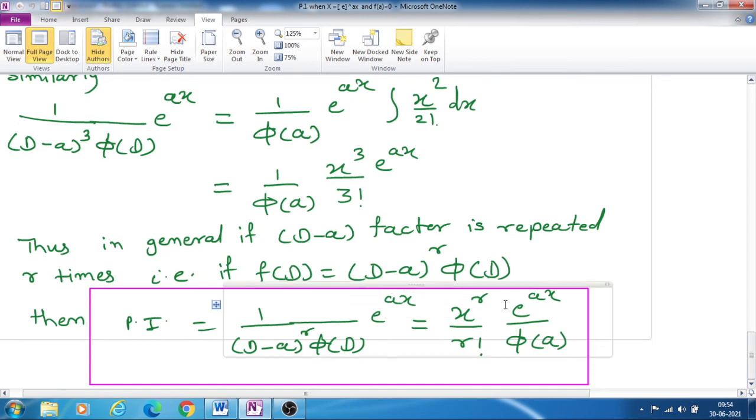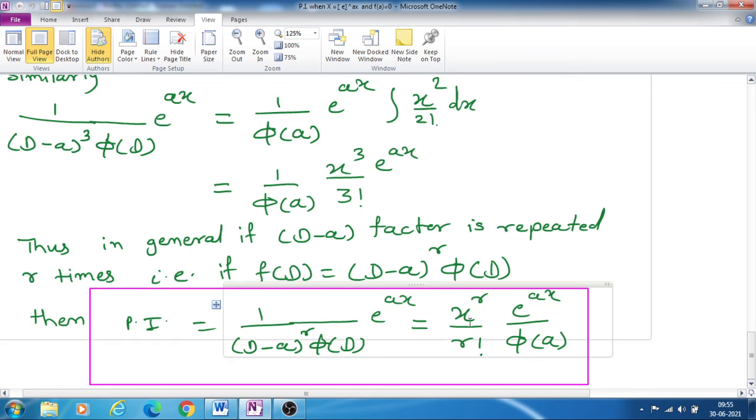So in general we can write the formula: if D minus a is a factor repeated r times, then PI is equal to 1 upon (D minus a) raised to r into phi(D) e raised to ax. This is equal to, for this factor we can write x raised to r upon factorial r, and for 1 upon phi(D) e raised to ax we can write 1 upon phi(a) e raised to ax.